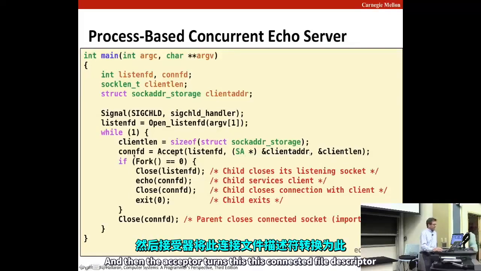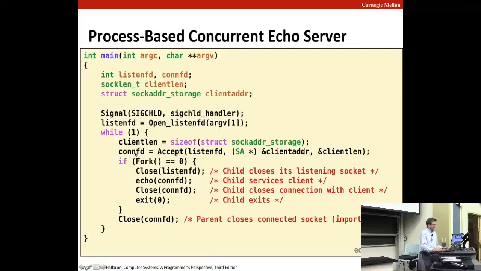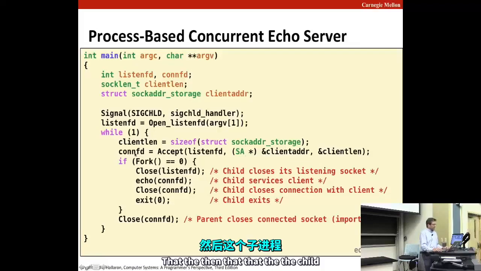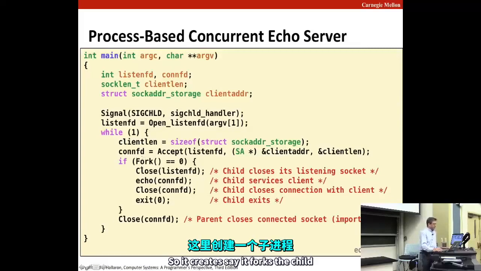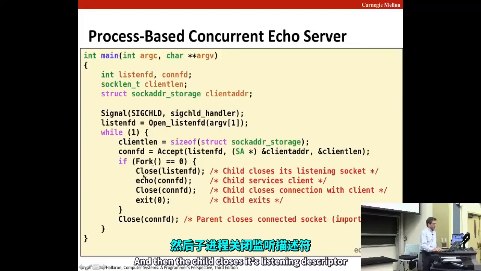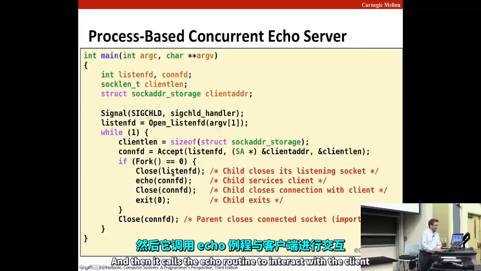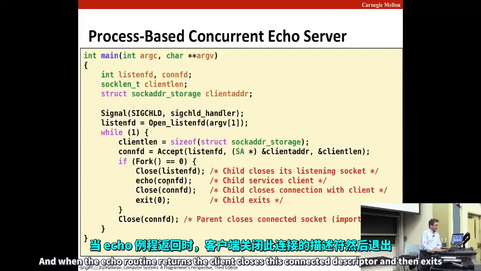And then accept returns this connected file descriptor that the child can use to read and write and interact with that client. So it forks the child, and then the child closes its listening descriptor, and then it calls the echo routine to interact with the client. And when the echo routine returns, the child closes its connected descriptor and then exits.